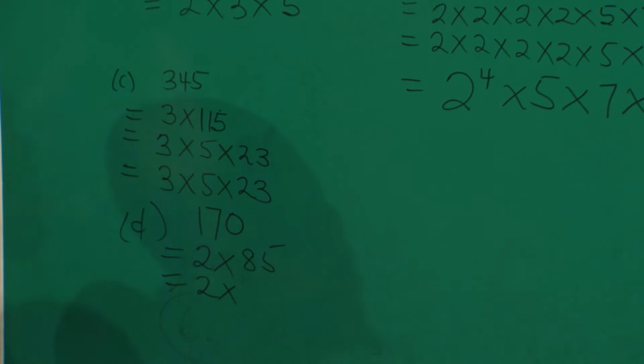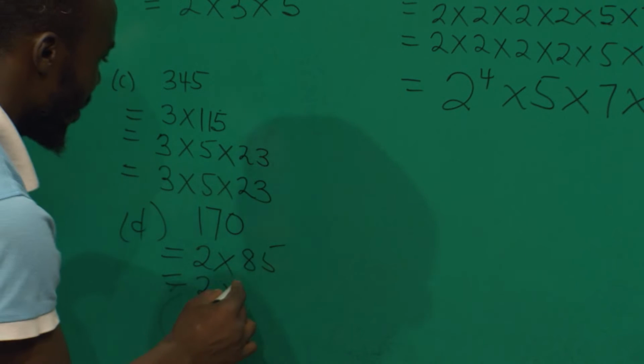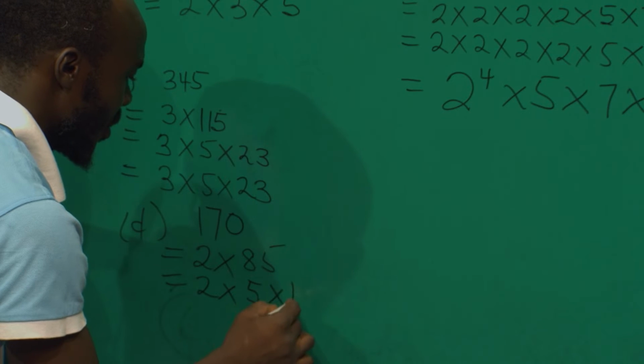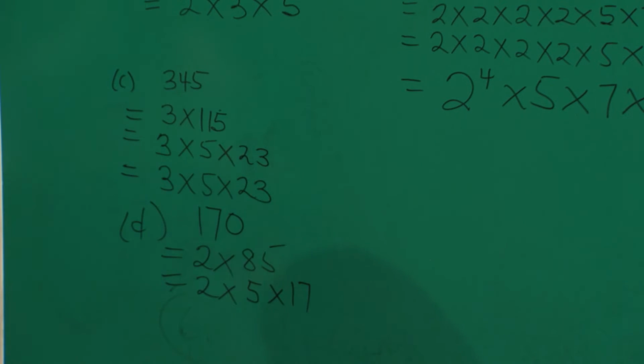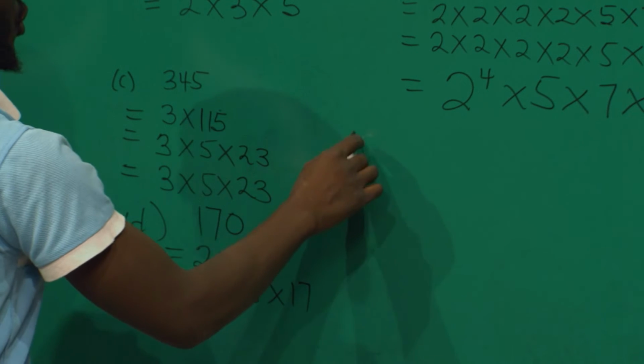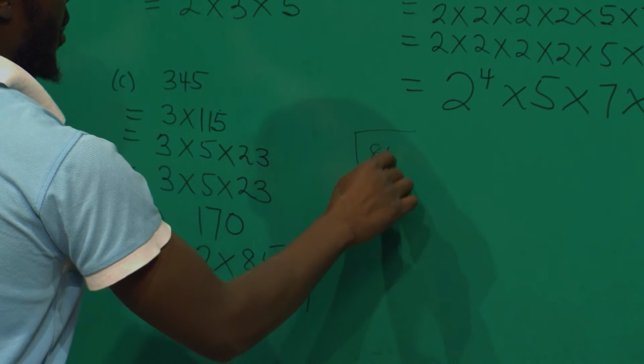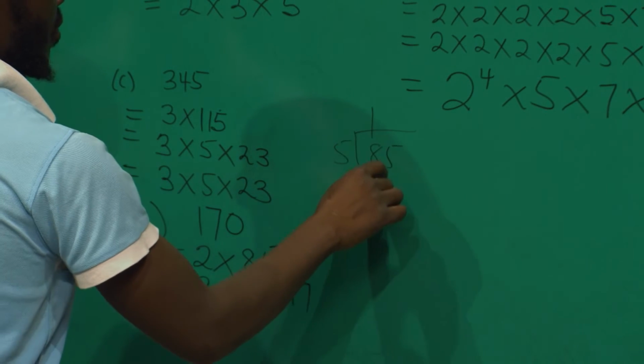Then 5, 12, 60. 5, 13, 65. 5, 14, 70. 5, 15, 75. 5, 16, 80. So 5 times 17 will give us 85.